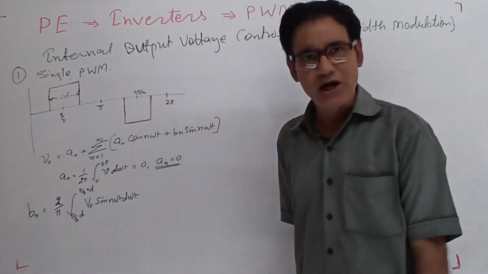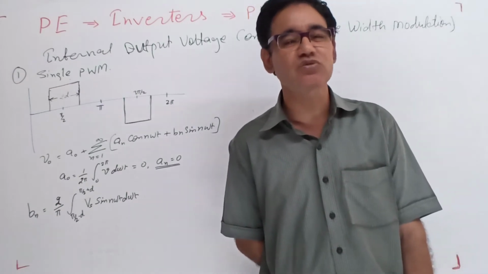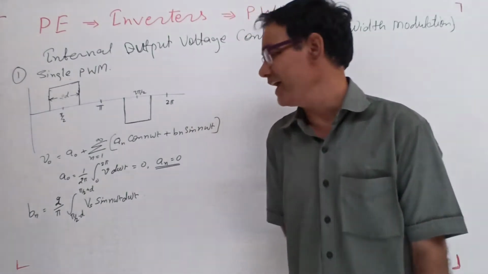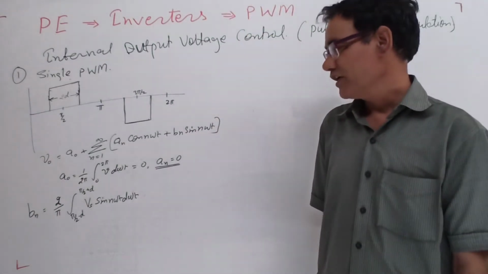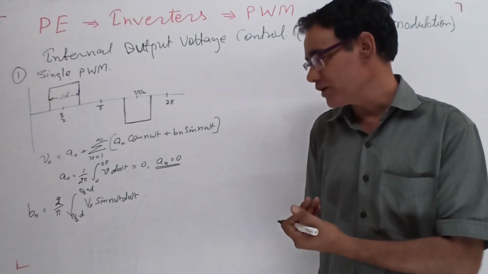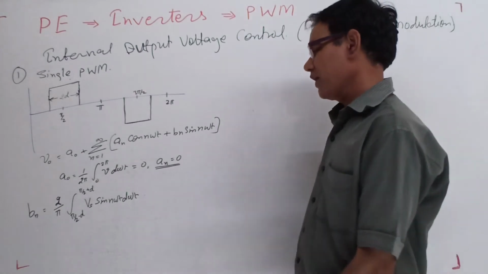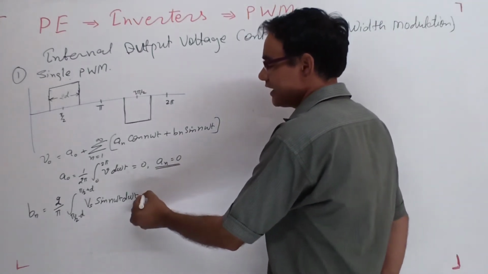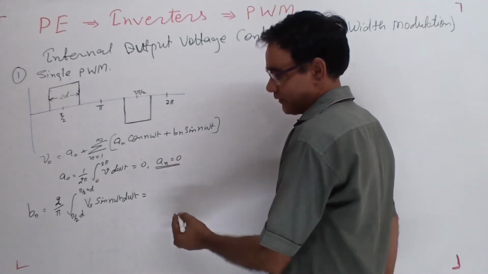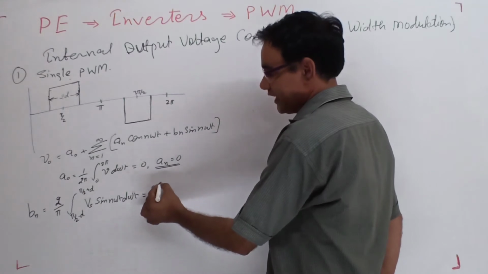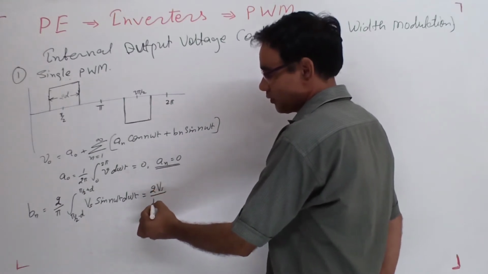This is the Fourier series formula to find the value of bn. Similarly, for an it is cos of n omega t, and for bn it is sin of n omega t. But since an is 0, bn is equal to 2 Vs upon pi.